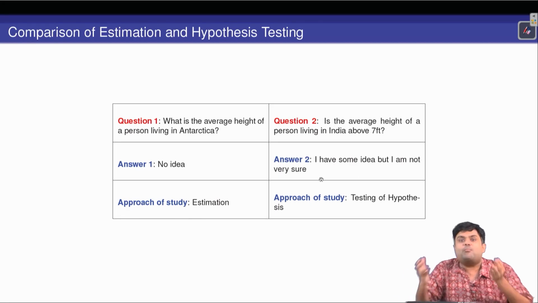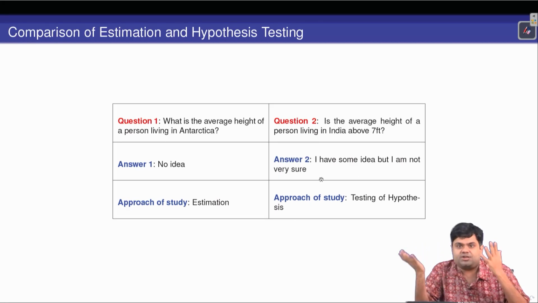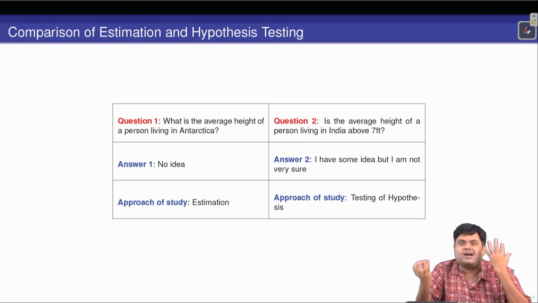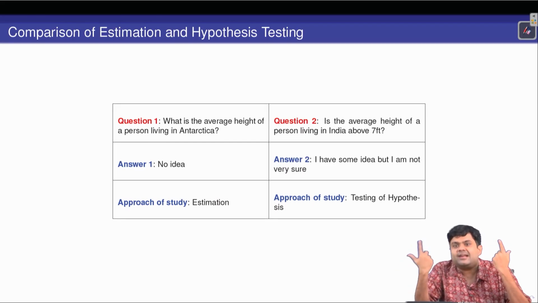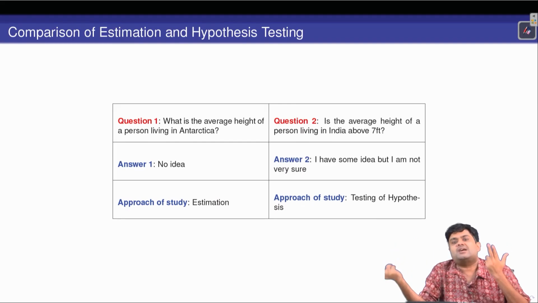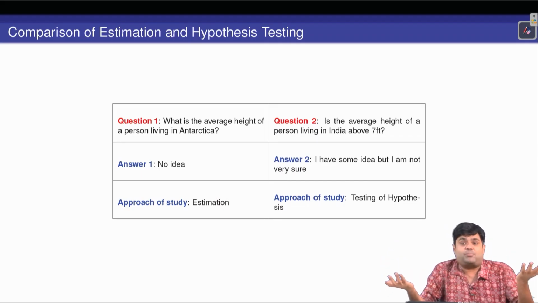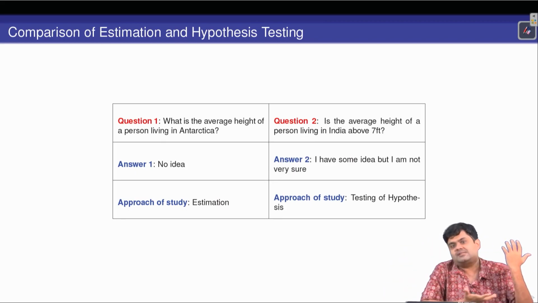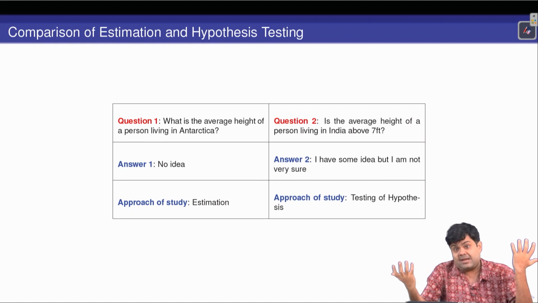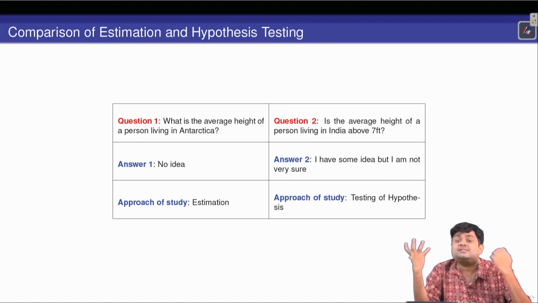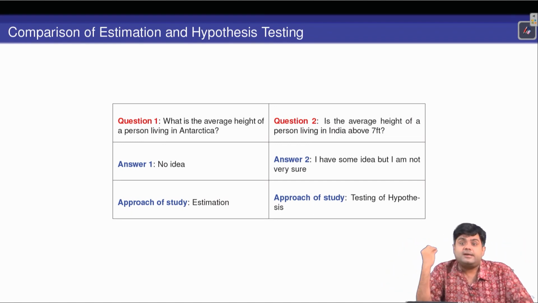The moment you look at question 2 and see these two words, India and above 7 feet, something clicks in your mind. You know that the average height of a person in India is probably not above 7 feet, it has to be probably less than 6 feet. You have an intuitive understanding of what the height of an Indian is. Now this conventional wisdom is something you want to utilize.